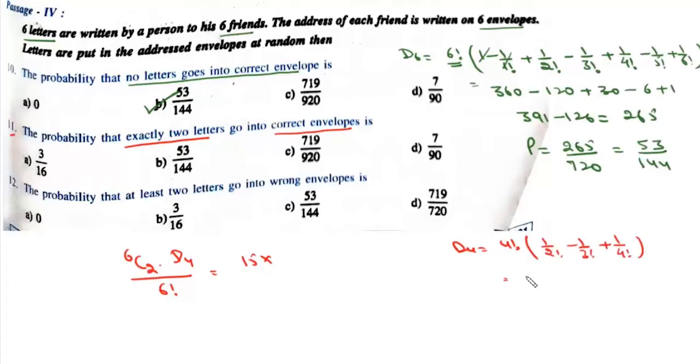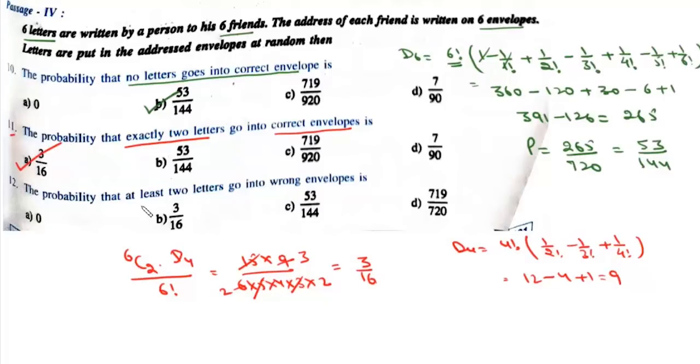Now this is 24 by 2, 12. 12 divided by 3, 4, and plus 1. So this is 9. So it will be 15 into 9 divided by 6, 5, 4, 3 and 2. Now this is 15, this is 3 and this is 2. So this value will be simply 3 by 16, and that's your option A.